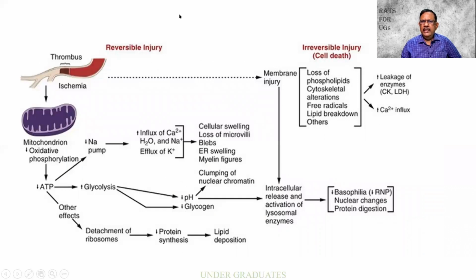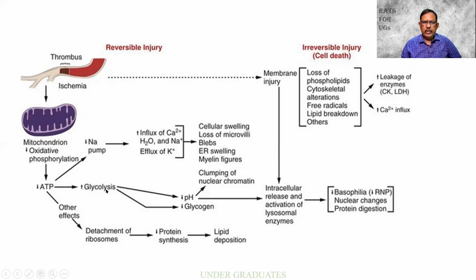As mentioned earlier, this is the fulcrum. There is a thrombus, ischemia, mitochondria undergoes impaired oxidative phosphorylation, failure of the sodium pump, and influx of calcium, water, and sodium leads to all these cellular changes.